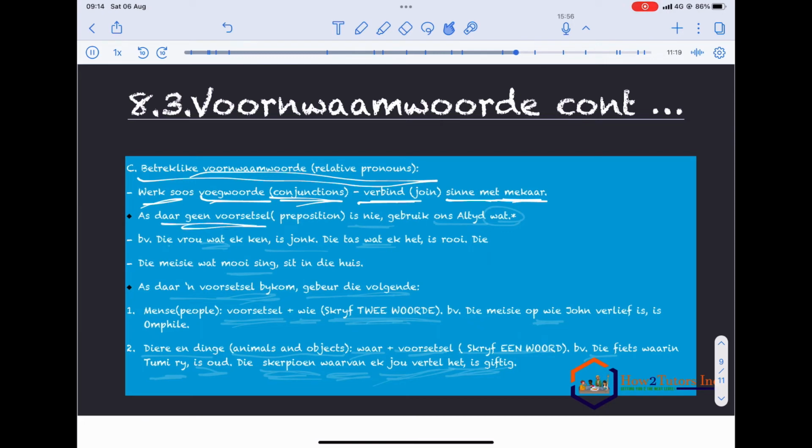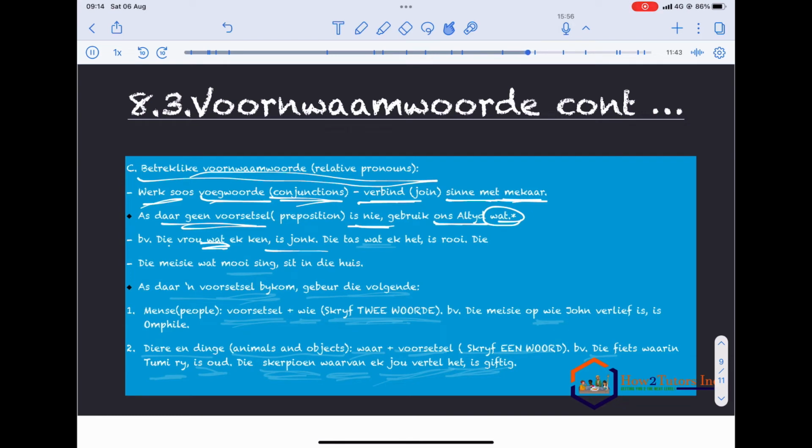So if there is no preposition, we always use the word wat. Byvoorbeeld, for example, die vrou wat ek ken, die vrou wat ek ken is jonk. The woman that I know is young.